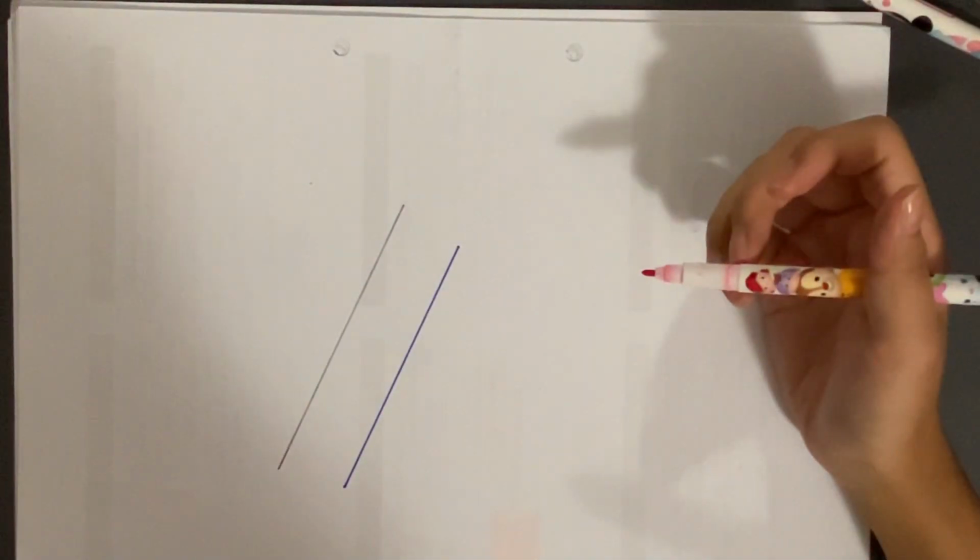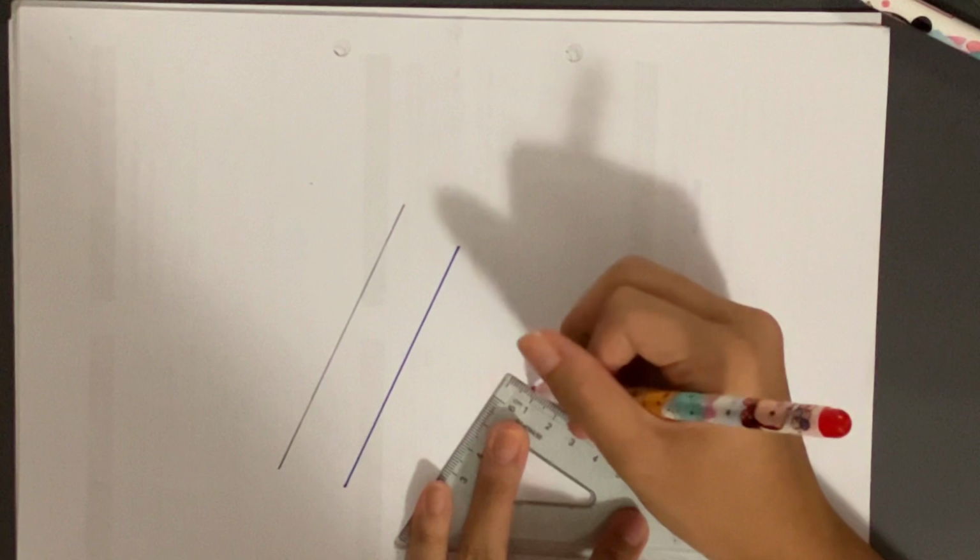Let's try another line. Now I have this red line, and I want to draw a line that is parallel to this red line. Just now I did it this way.